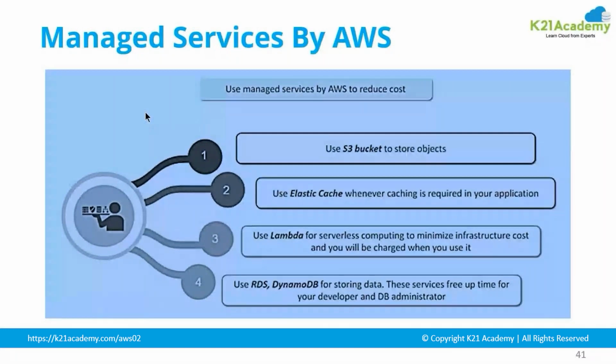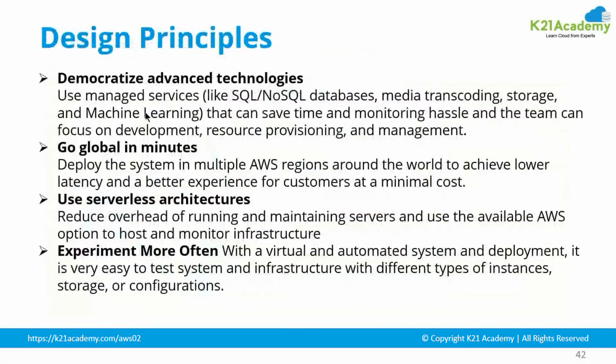For NoSQL databases, you can use DynamoDB. For the web server interface, you can use API Gateway. Like this, many managed and serverless services are offered by Amazon, which you should deploy in your infrastructure to create a high performing workload.